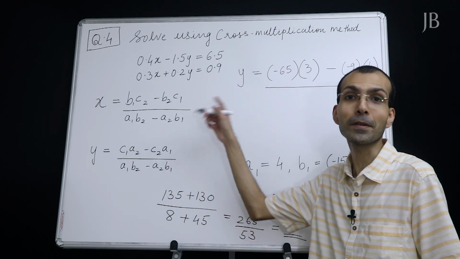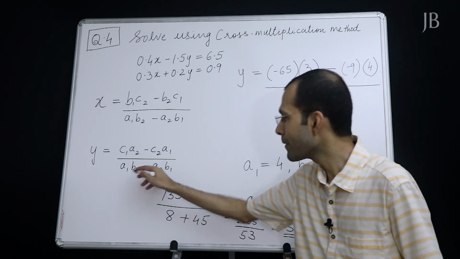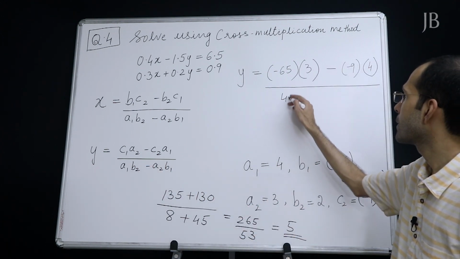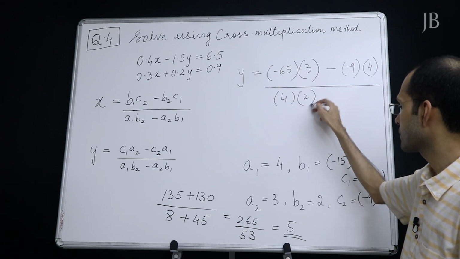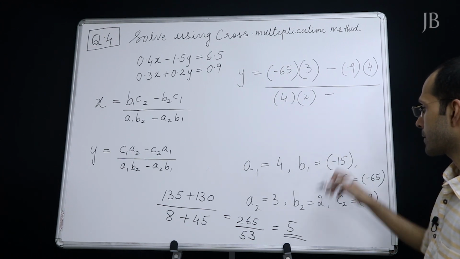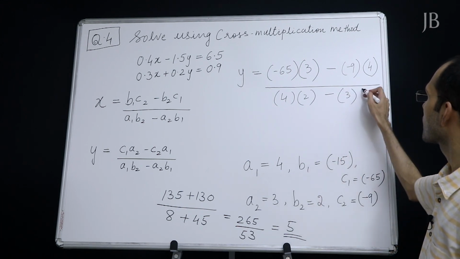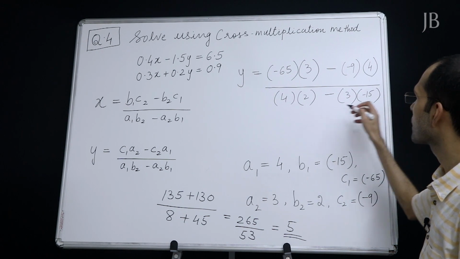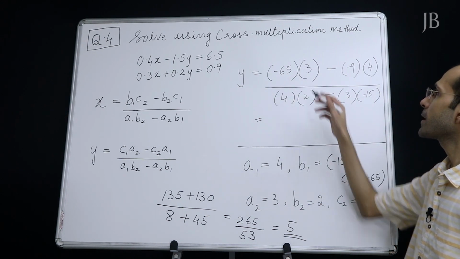You can copy from the previous x provided that you have written it correctly. A1 B2 minus A2 B1. This will be 65 into 3.